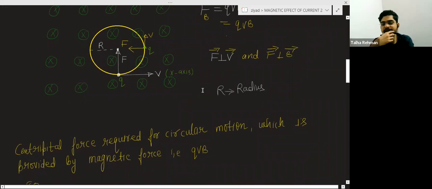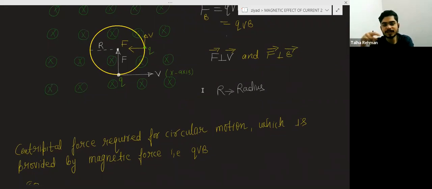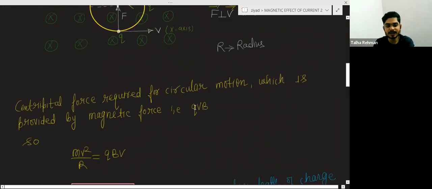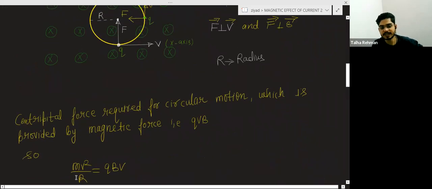And the formula of the centripetal force, if a particle is moving on a circle, is the mass of the particle times the square of the velocity divided by the radius of that circle. So you can say mv squared by r. This centripetal force is equal to the magnetic force.